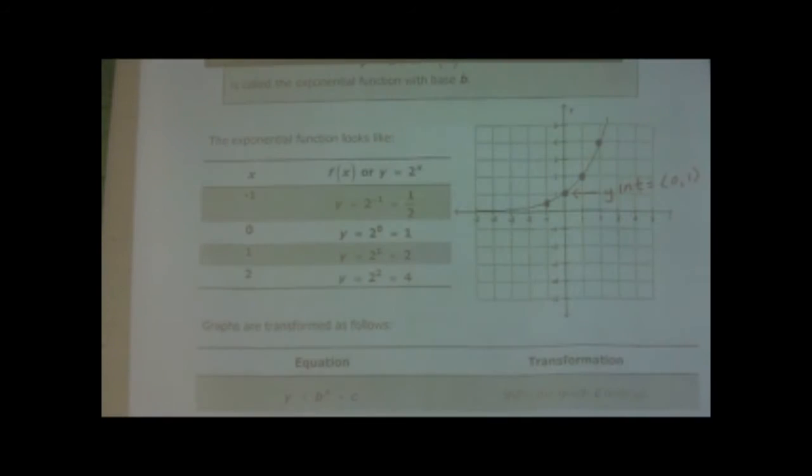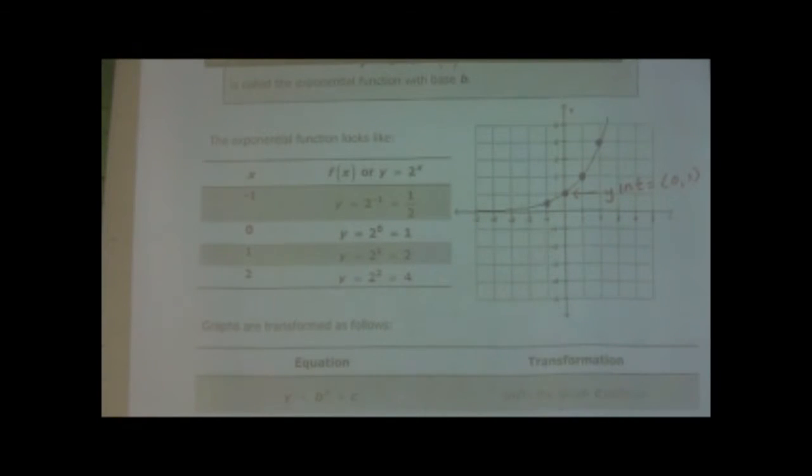So your y-intercept is always 0, 1. It's always going to be 0, 1, unless you've got other stuff in your function. All right? So that's where it always crosses.